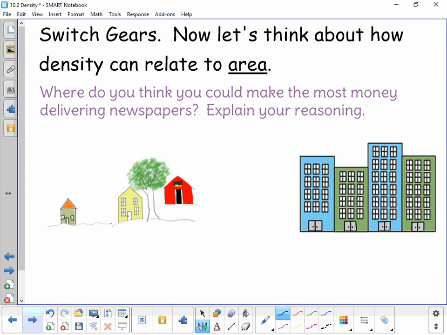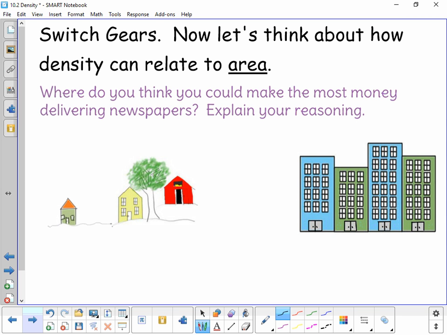Everything we did so far was a density that related to a volume, but density can also relate to area. So here are two pictures of two different cities. Where do you think you could make the most money delivering newspapers if you were the newspaper delivery boy or girl?